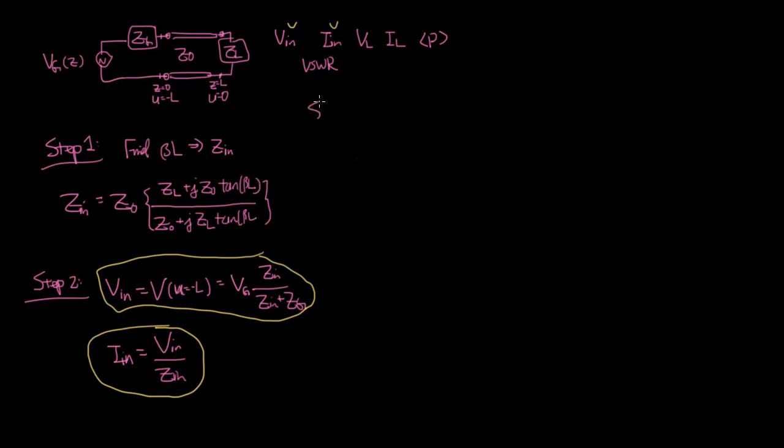Next up, we want to find the reflection coefficient, which we'll use to calculate a bunch of other parameters. So remember that the reflection at the load is going to be equal to ZL, new minus old, so ZL minus Z naught over ZL plus Z naught. And that's a key result that is worth highlighting.